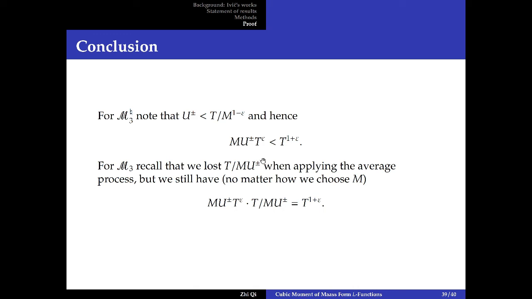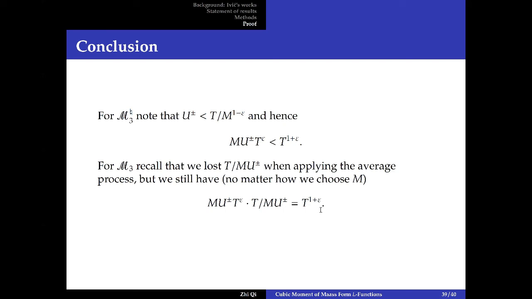Usually this is easier. And for the unsmooth version, if you recall that we lost this T over MU when you do the unsmoothing process. So in this case, you multiply this by the loss, and it turns out to be also T to the 1 plus epsilon.